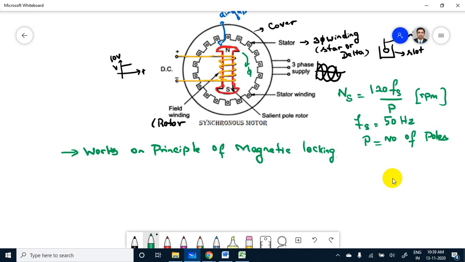this is the north pole and this is the south pole. Okay, the flux will flow in a straight line between the north pole and south pole. This is nothing but a tremendous force of attraction.